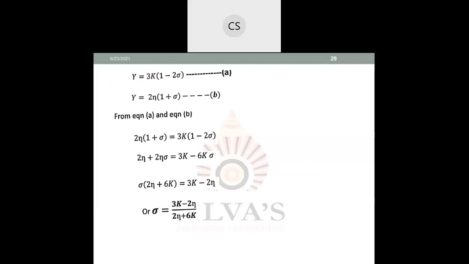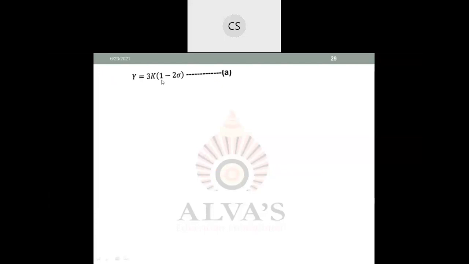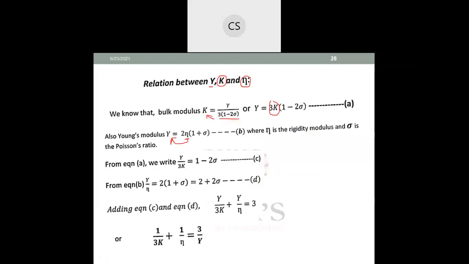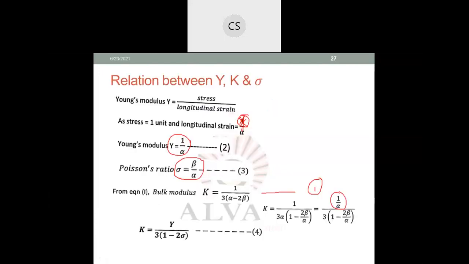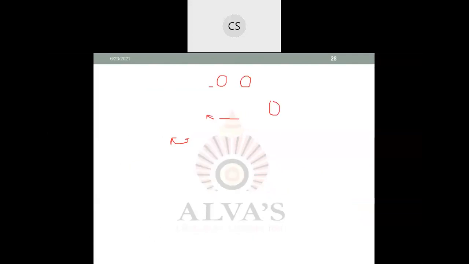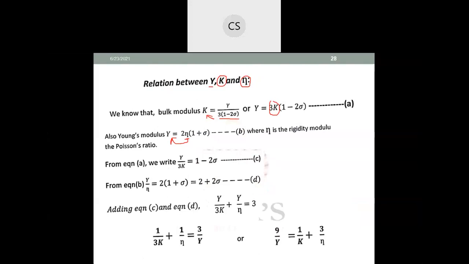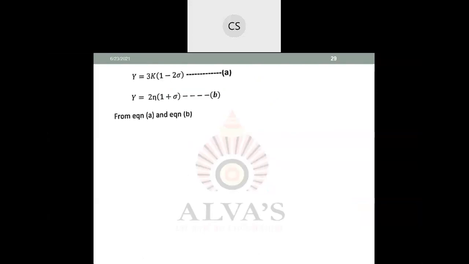If it is asked, you cannot start directly from Y is equal to 3K into 1 minus 2 sigma. There you cannot start. You have to start from here, and from here you have to develop one by one.